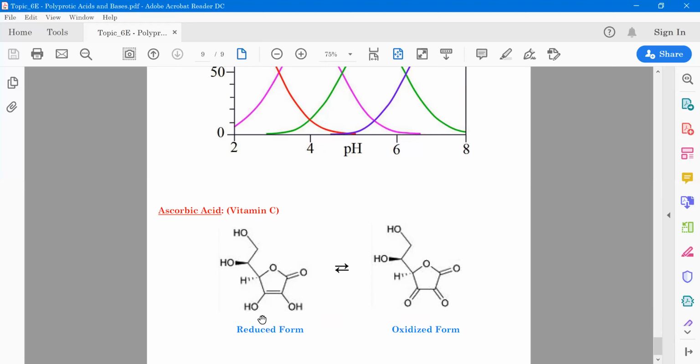These two protons are the ones that can be donated to form the so-called oxidized form. And it is this back and forth equilibrium that is responsible for the way vitamin C behaves in our bodies by donating and accepting protons. It's one of the things that actually adjusts the pH of our blood and other bodily fluids. So that's what we're going to be talking about for today.